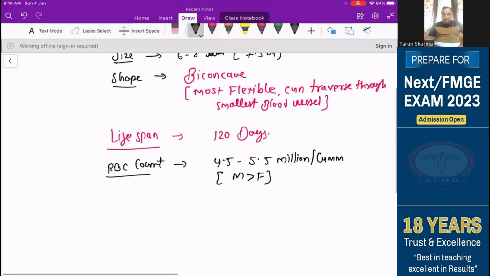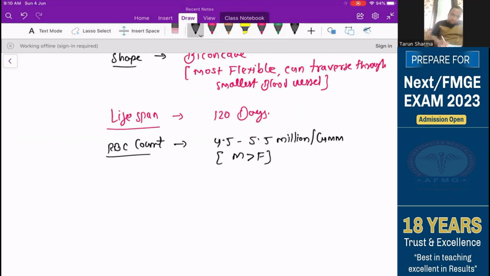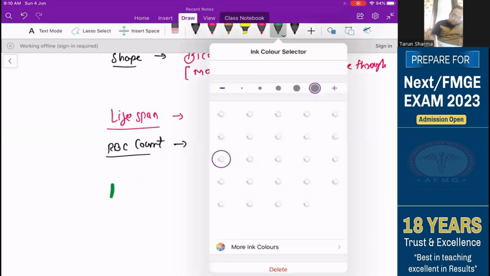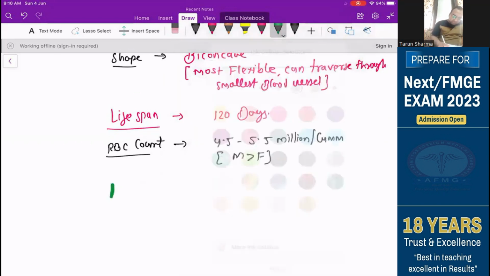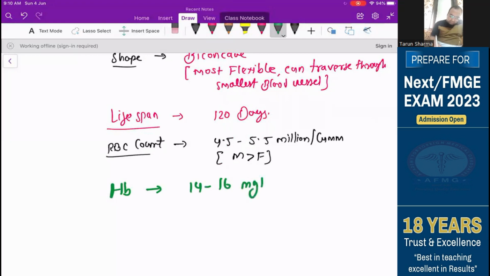Okay, and that's why if you talk about the hemoglobin concentration, that is one of the most important things you must be knowing. Hemoglobin concentration in males will be ranging in between 14 to 16 milligram per deciliter, while in females, it will be ranging in between 13 to 15 milligram per deciliter.